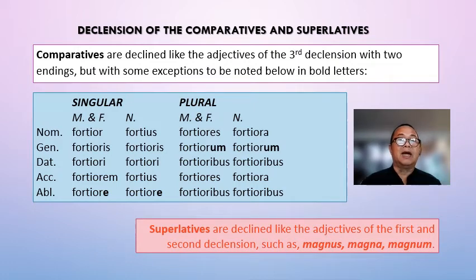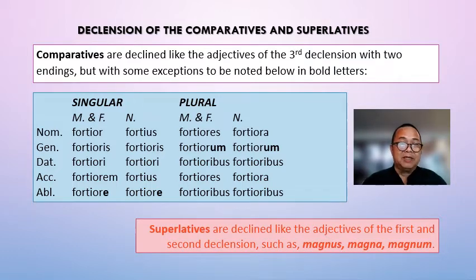Plural: fortiores, fortiora, fortiorum, fortiorum, fortioribus, fortioribus, fortiores, fortiora, fortioribus, fortioribus. So what is different here is the ending of the genitive plural, not -ium, like the ordinary adjectives of the third declension with two endings, but -um. So that is how you decline the comparative degree.